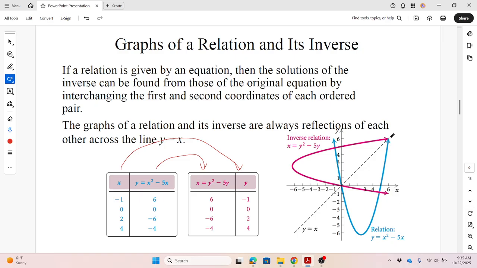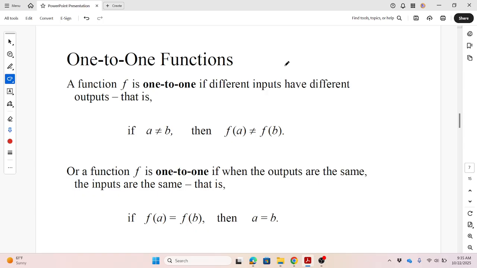Symmetric means if you place the mirror on the y equal to x line, you will see that these are the mirror image of each other. The graph of a relation and its inverse are always a reflection of each other across the line y equal to x. Okay, so that's for the relation.